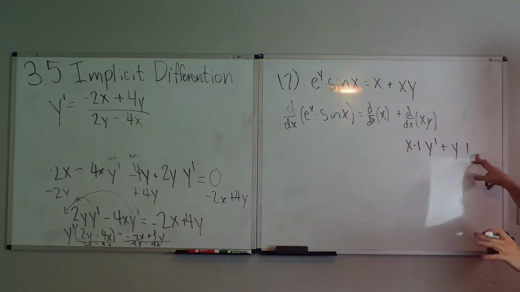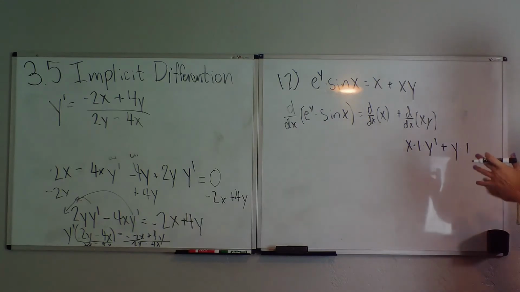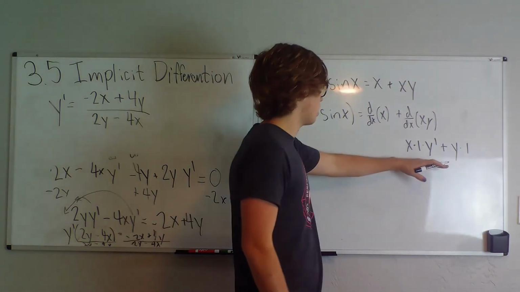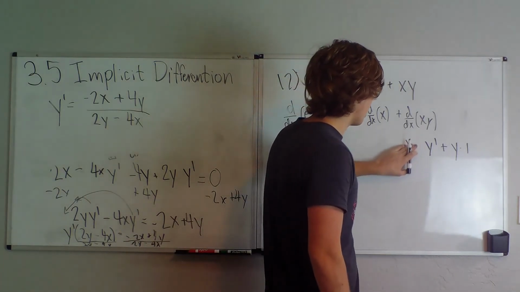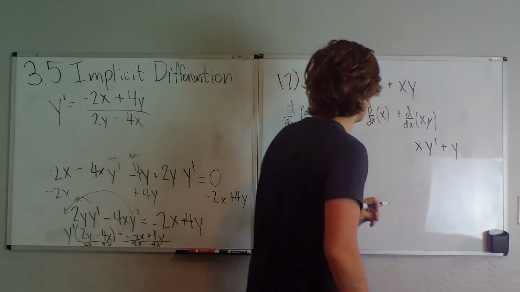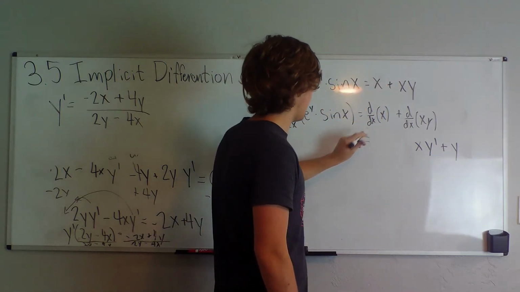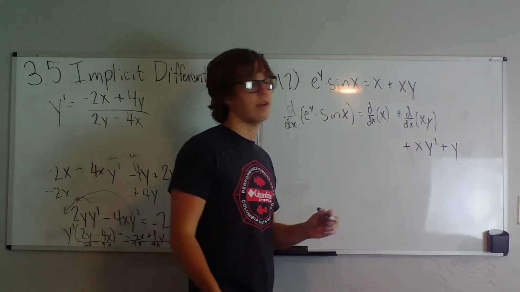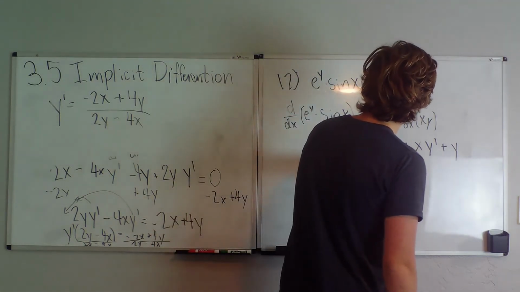Right? We don't say x prime because x prime is dx dx. That's just 1. So we just get that that is x times y prime plus y. Now, derivative of x, well, that's just 1, right? Derivative of x is 1.